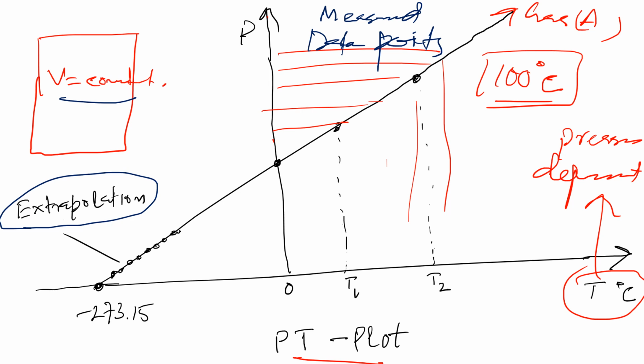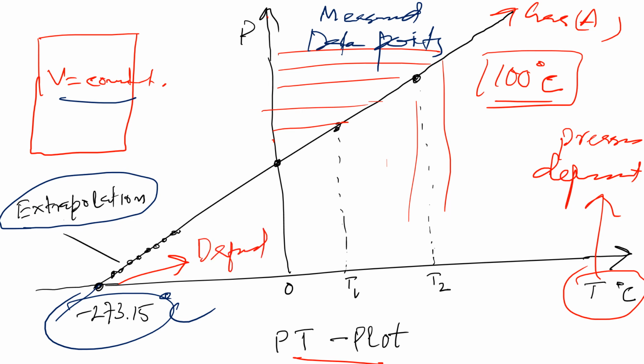After doing this, this line will intersect the temperature line at minus 273.15 degrees centigrade. So this minus 273.15 degrees centigrade is the point which is nowhere dependent on the pressure.